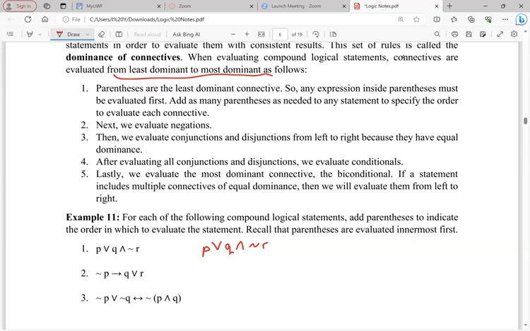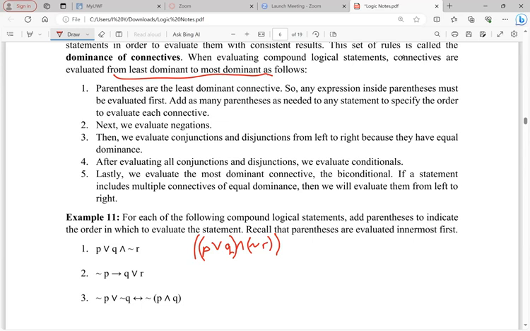I don't have any parentheses. The first thing I'm going to do is evaluate negation. So I can signify that. So now I'm telling you, by my parentheses, do this first. Then we evaluate conjunctions. Now realize we're going to do Q and not R before we do P or. So we're like this. And then the whole thing.